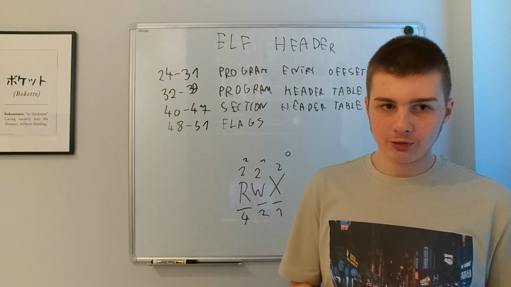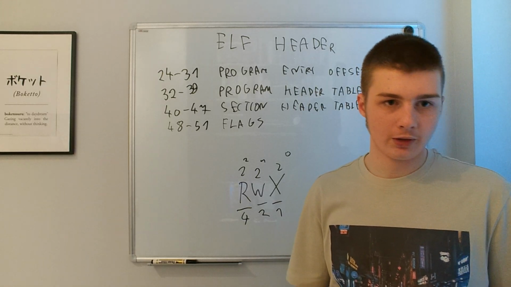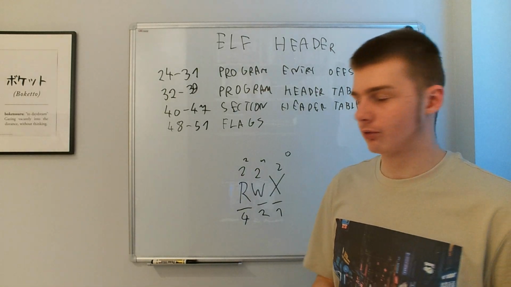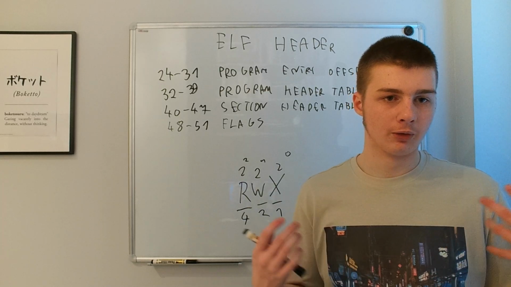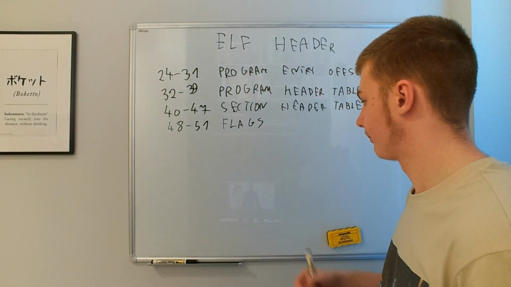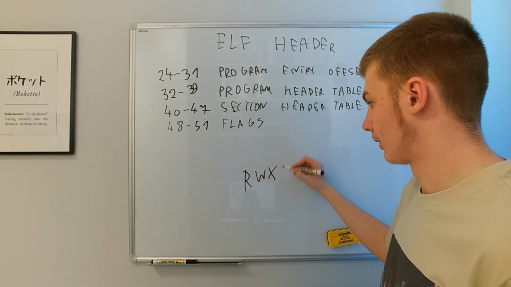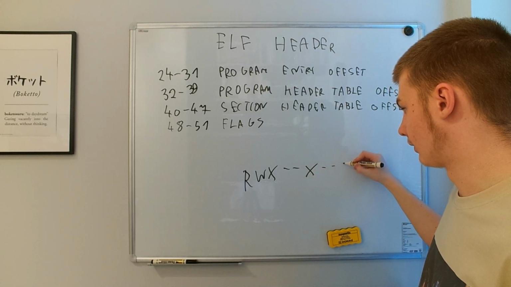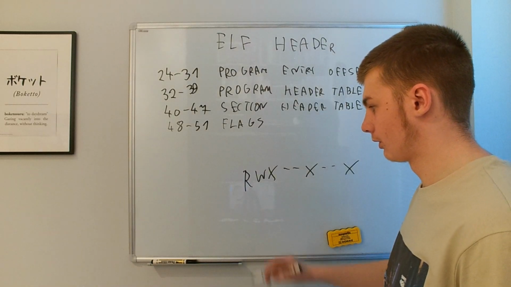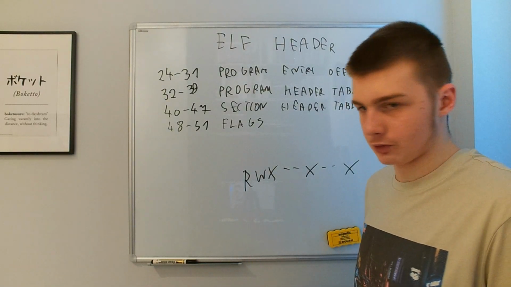So if you've used Linux permissions and attributes, you're surely familiar with converting read, write, execute to numbers, because, for example, when you create directories, and you would have something like rwx--x--x, right? And you want to set a directory with those permissions, what you do is you can simply use the code.